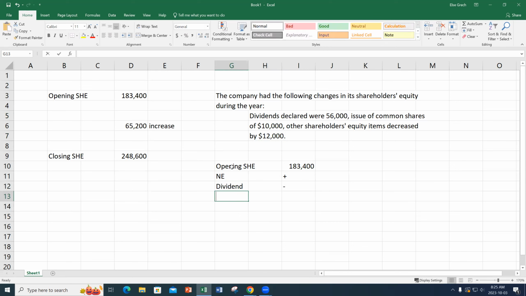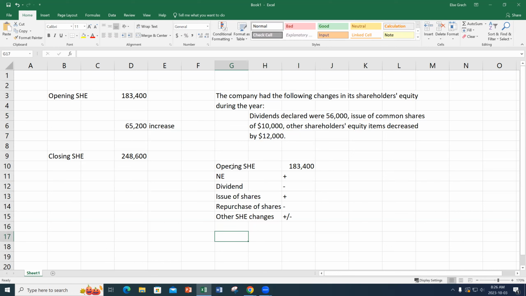There can be an issue of shares, which is going to result in a positive change. And there can be a repurchase of shares, which is going to be a negative change. And then let's just do other shareholder equity changes. And these can either be positive or they can be negative.